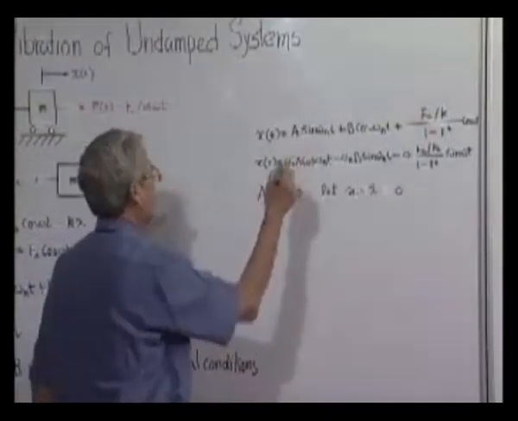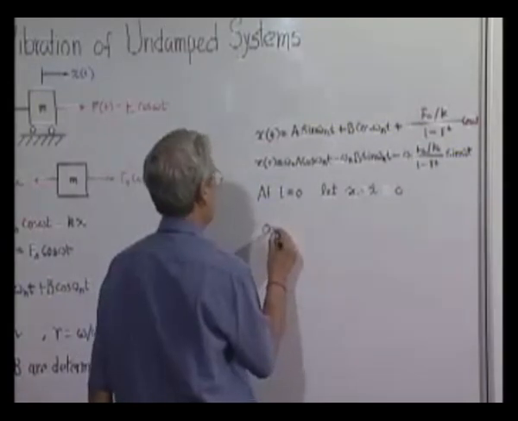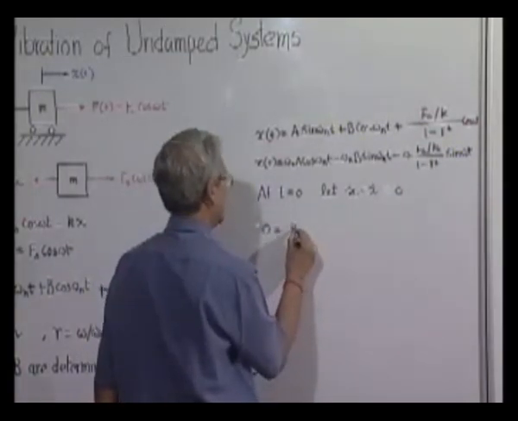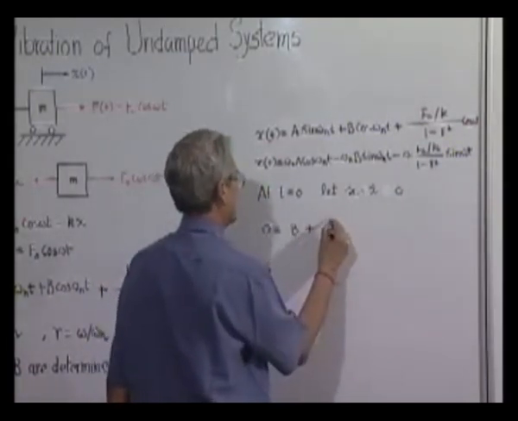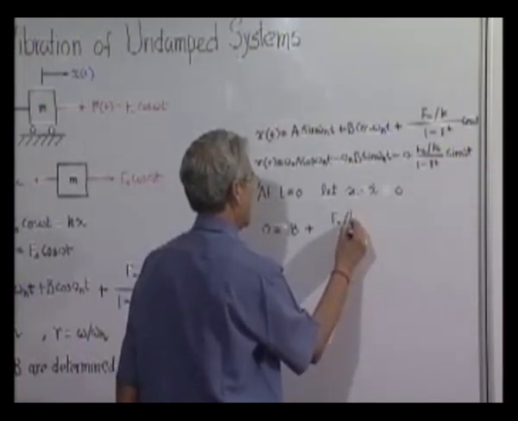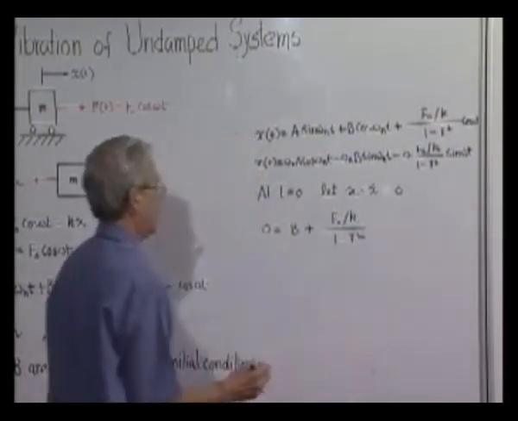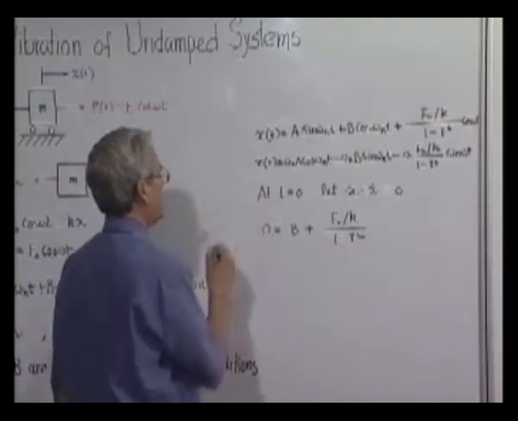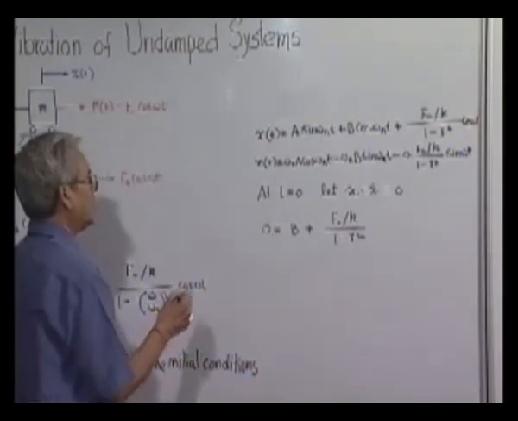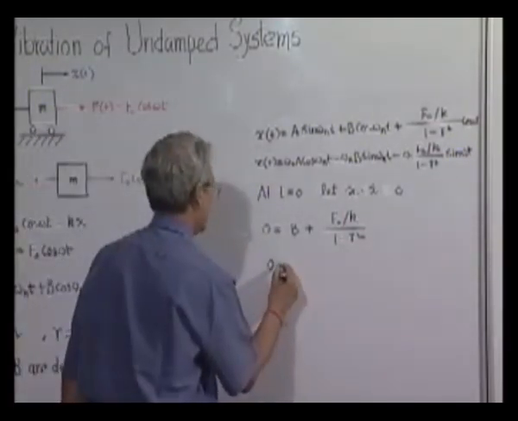So putting this, what we get is 0 equal to B plus, and if we put t equal to 0, x dot equal to 0, 0 equal to.